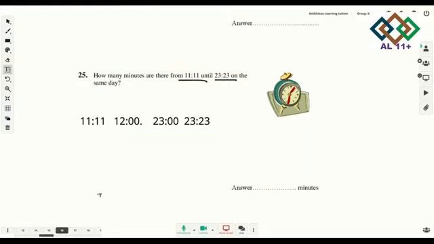If you look at from 11 to 12, it's 49 minutes.